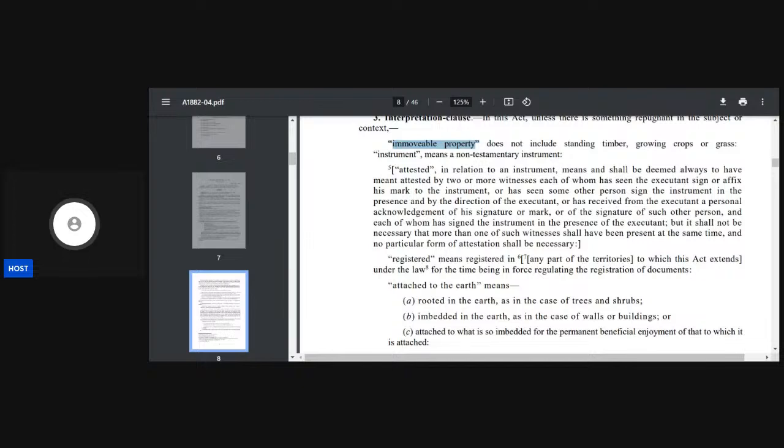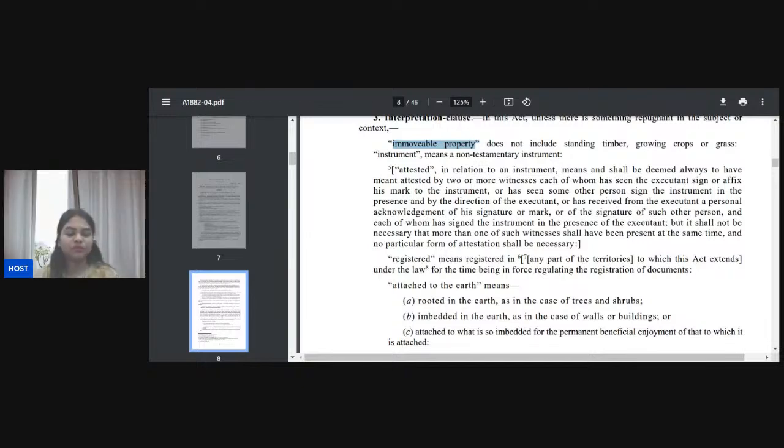No answer is coming from anyone. What are things attached to earth? I told you just now. Things embedded in the earth, things attached to what is embedded in the earth, and things rooted in the earth.